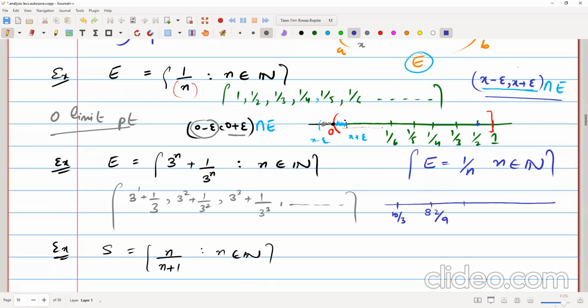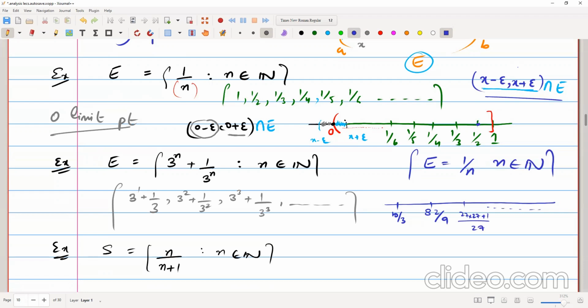Then we have the element 27 plus 1 over 27. So it's getting bigger and bigger.